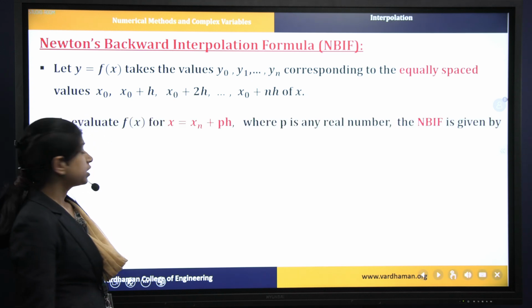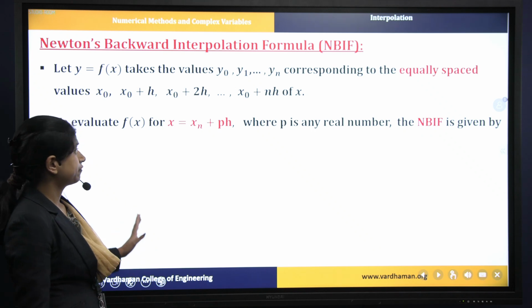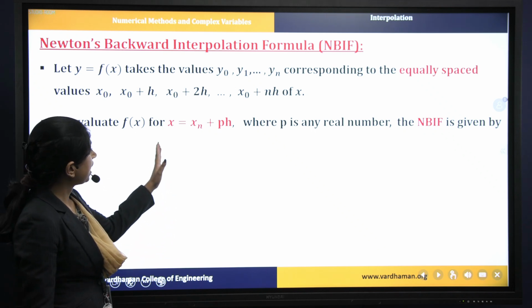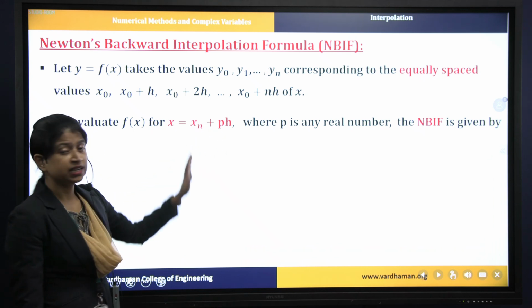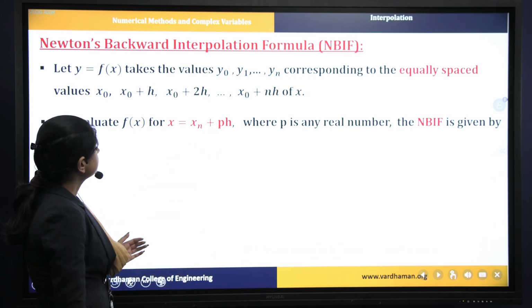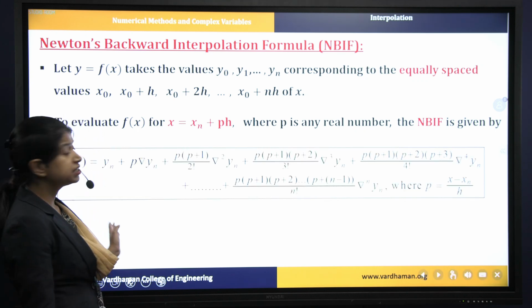Now to evaluate the function f of x, or to estimate f of x for x equal to xn plus ph, where p is any real number, Newton's backward interpolation formula is given by this one.